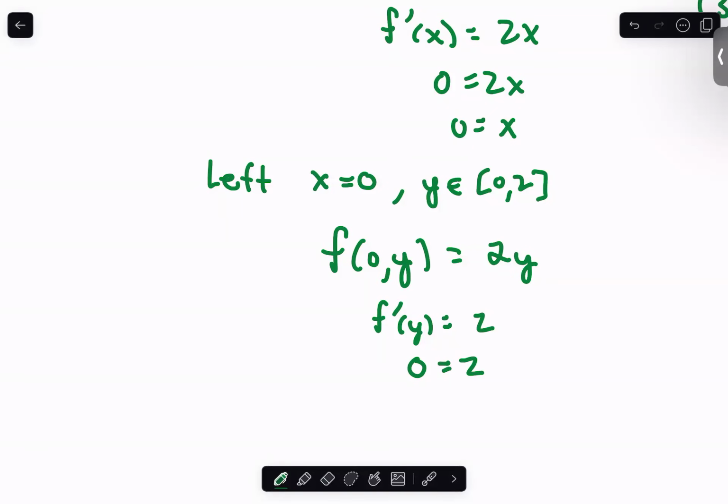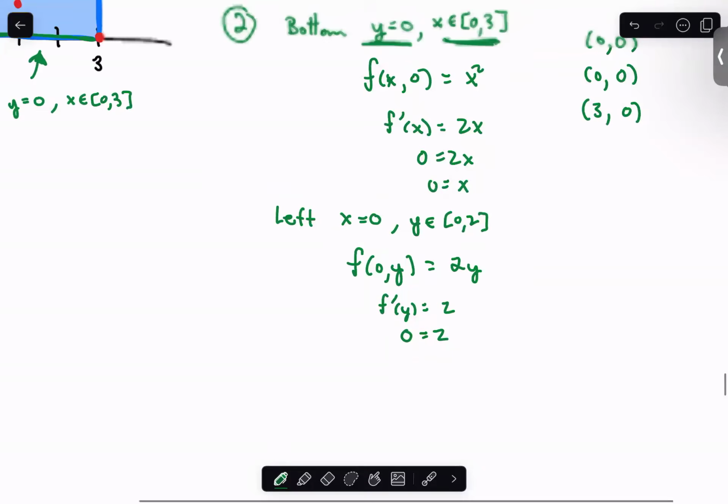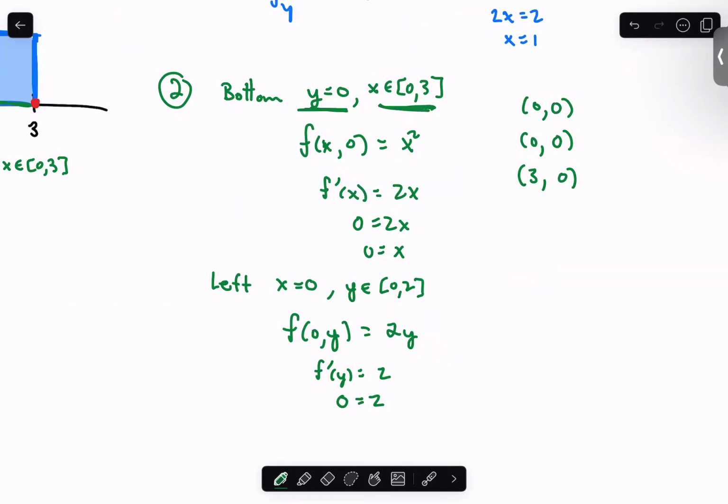Sorry, question. So the question was, for the first one here, do we need to do the partial derivative to see that 0, 0 should be included, or is it enough to just grab it for the endpoint? And I would say that these problems are long enough.